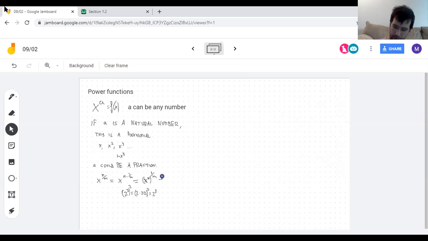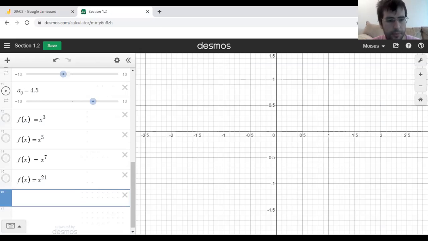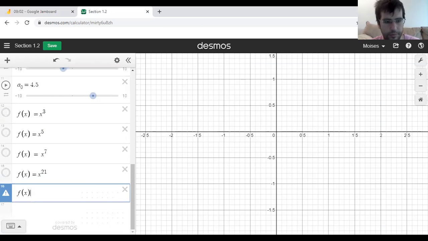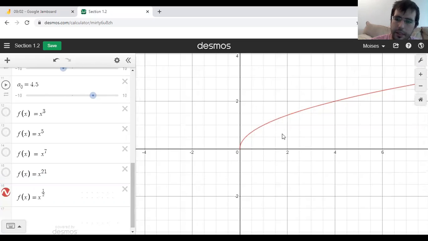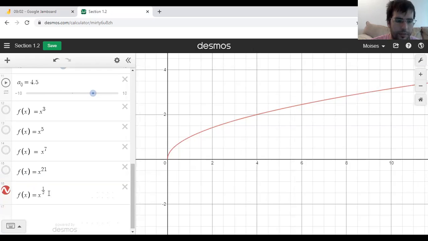And then hopefully you remember that the power of 1 over something is the same thing as taking a root. So when you have fractions in your exponent, that is really some function that has to do with the root. So for example, x to the 1/2 is the square root function.